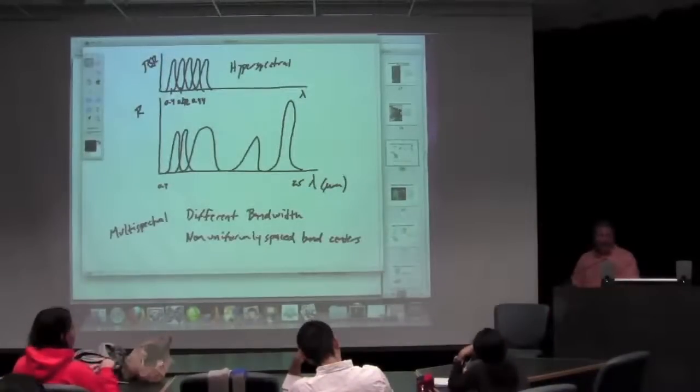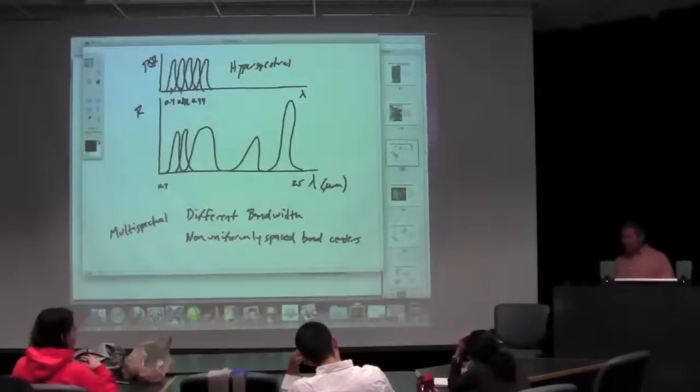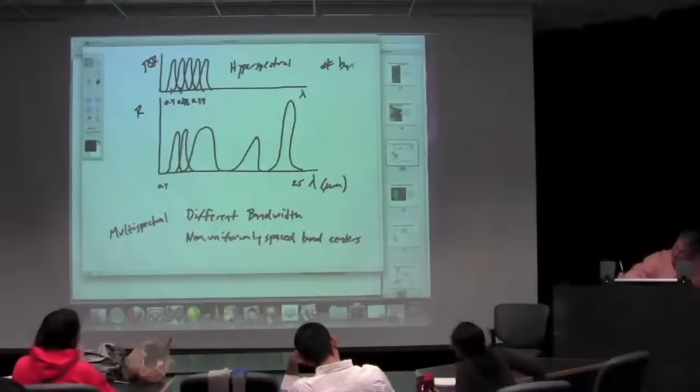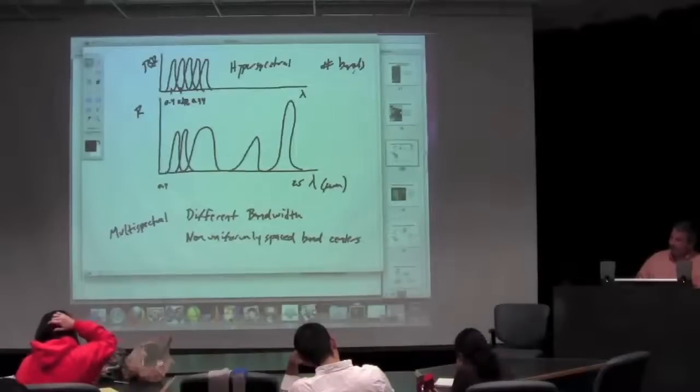So if you had a 4-band sensor with equally spaced and equal width bands, you would still call that a multispectral sensor. Right, so the number of bands does come into play, but I don't want that to be the only criterion that you place.